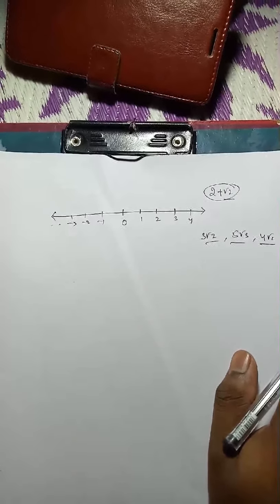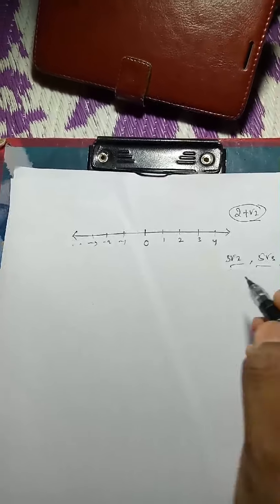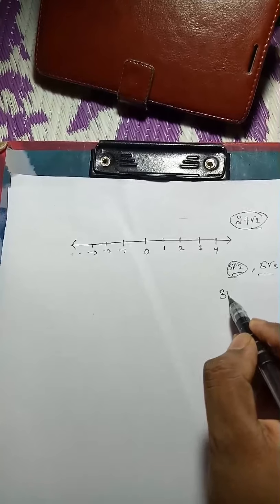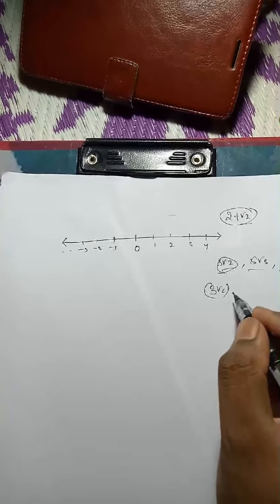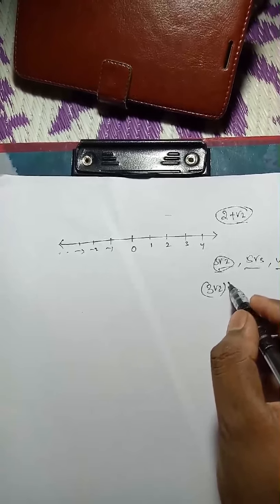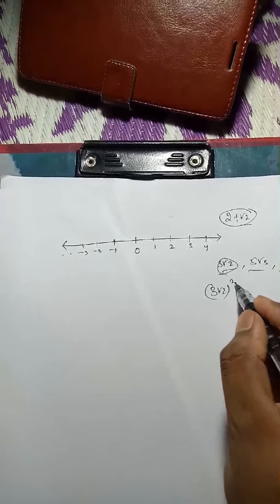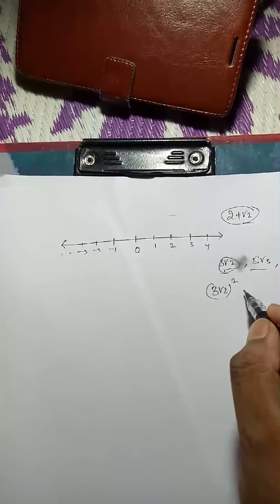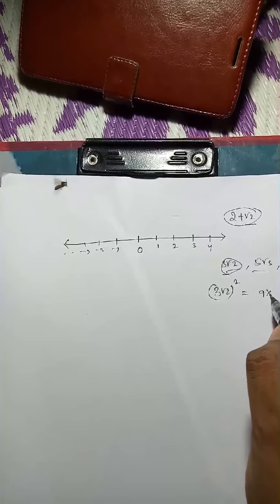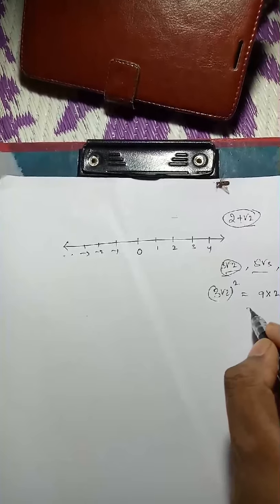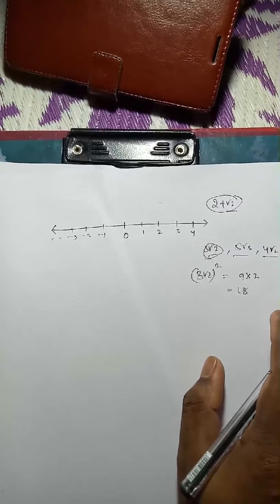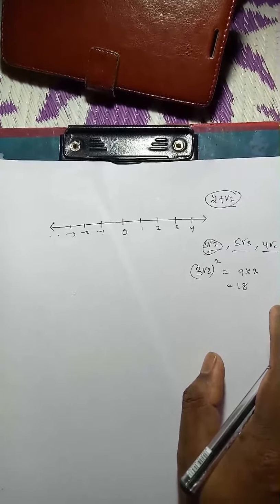Then, dear friends, at first we have to take the squares of these numbers. Here the square of 3 root 2 is 9 into 2 is equal to 18. So here the square of 3 root 2 is 18.